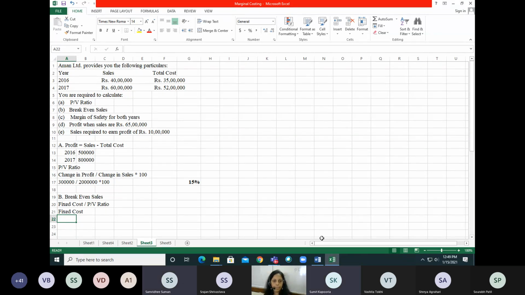Ma'am, contribution minus profit. First calculate contribution. Which formula will you use? Sales into PV ratio. Very good. So we have been given sales, and we have calculated PV ratio. So first you calculate contribution: sales into PV ratio is equal to contribution.